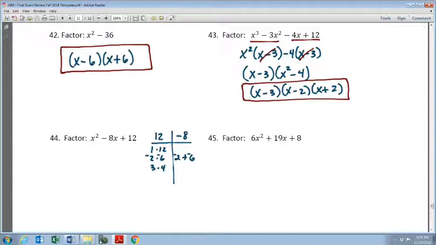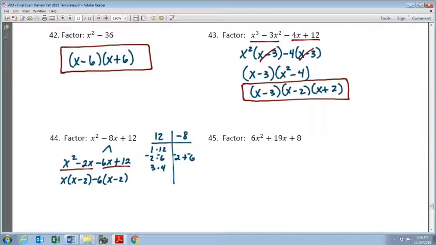Now, I'm going to go ahead and do this the long way, but we could actually take a shortcut here because this is a 1x squared. I'm going to split our b term using the minus 2 and then the minus 6 we just got. Notice negative 2x minus 6x is negative 8x. And so now we'll factor by grouping. We can factor out an x there times x minus 2. So we expect to get an x minus 2 factor here. And a negative 6 times x will give us that minus 6x.